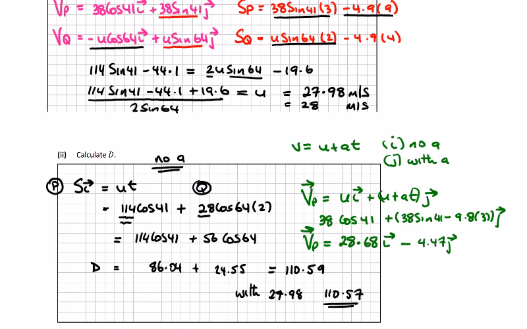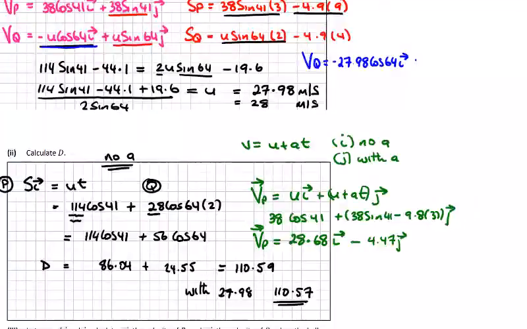What about q? The velocity of q is going to be my u. I'll take 27.98 minus 27.98 cos of 64 in the I. And then we're going to have, no, it's positive u for j, 27.98 sine 64 minus 9.8 by 2, 2 seconds in the air.